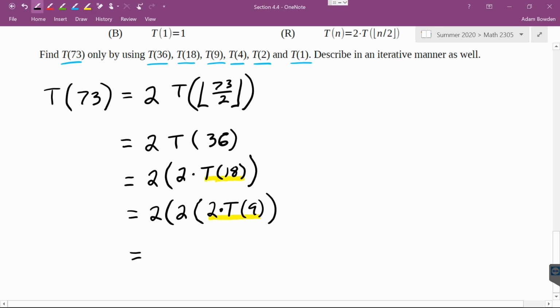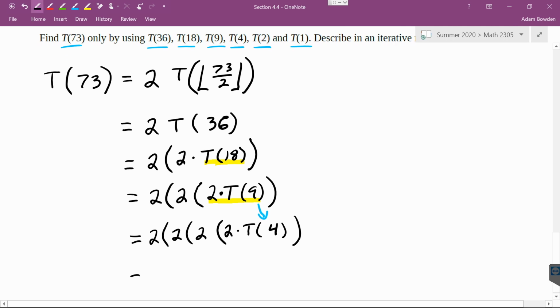And so we can keep going this direction here. We take t of 9 and write it as 2 times t of the floor of 9 divided by 2, which is 4. Okay, we can still keep going here. We have all these 2's still multiplied together, but t of 4 is still something as well. So t of 4 is 2 times t of 2.